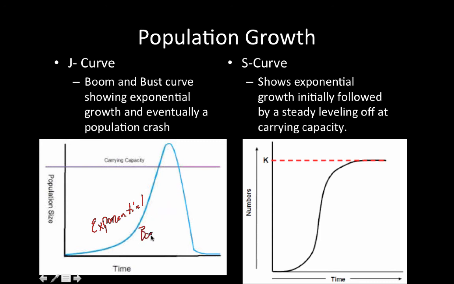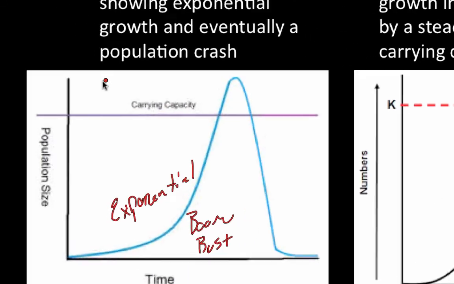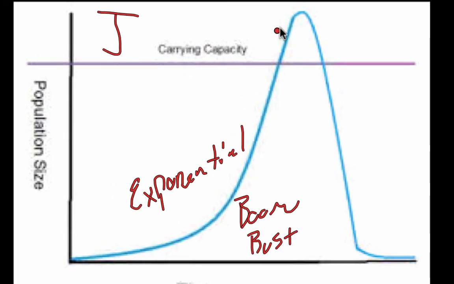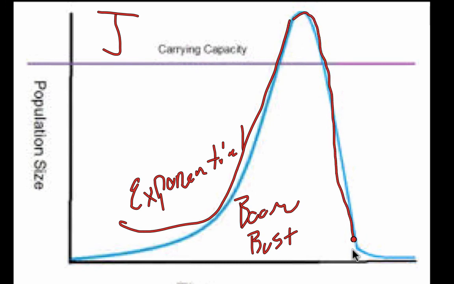So this is another one we can call a boom and a bust. But this is our J for sure. And it kind of looks like a J, right? We see that J right there. What does this represent? It represents an organism's population exceeding carrying capacity, running out of resources, and then dying off.